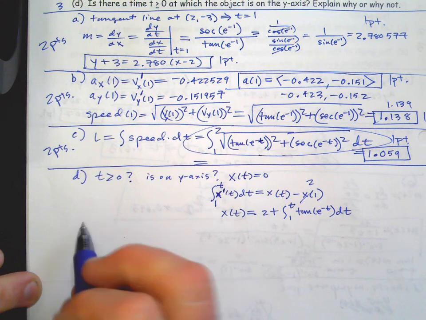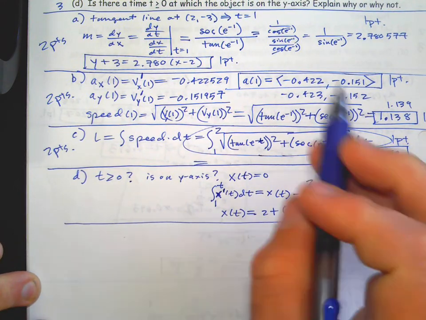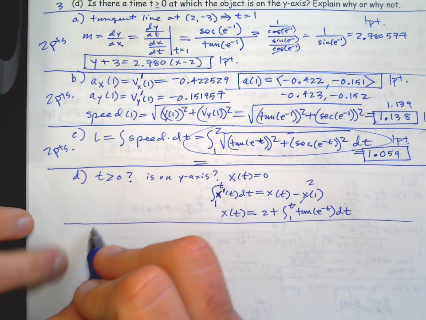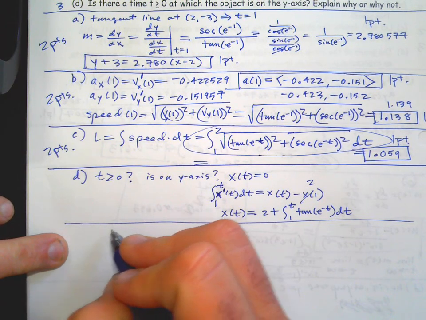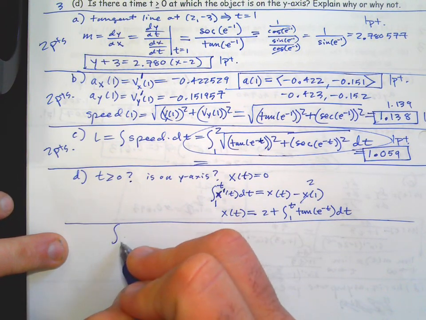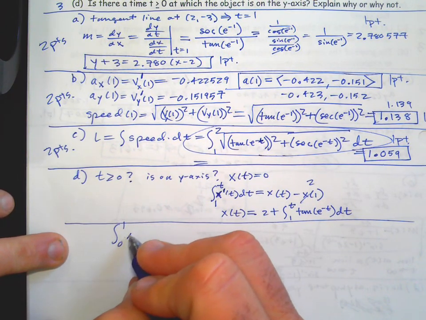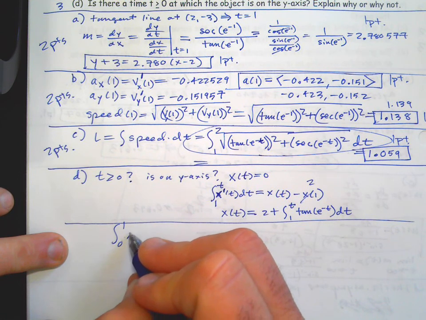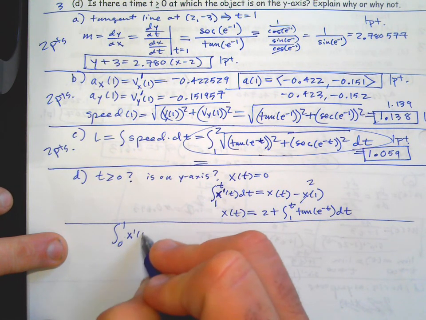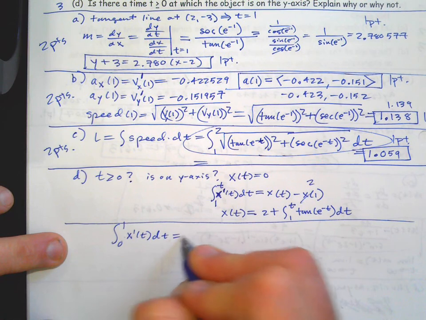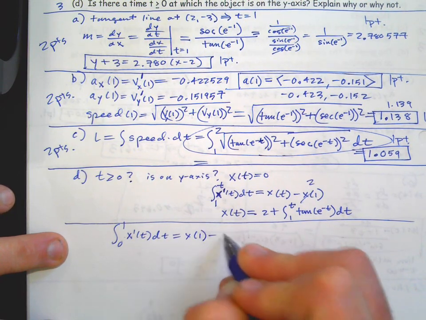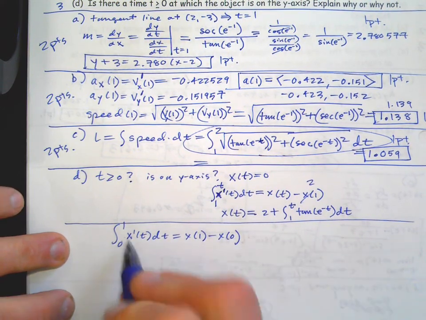So here's the deal: we know the position at time 1. Let's find the position at time 0. So let's say, okay, the integral from 0 to 1 of x prime of t dt equals x1 minus x0. Now we can do definite integrals on our calculator.